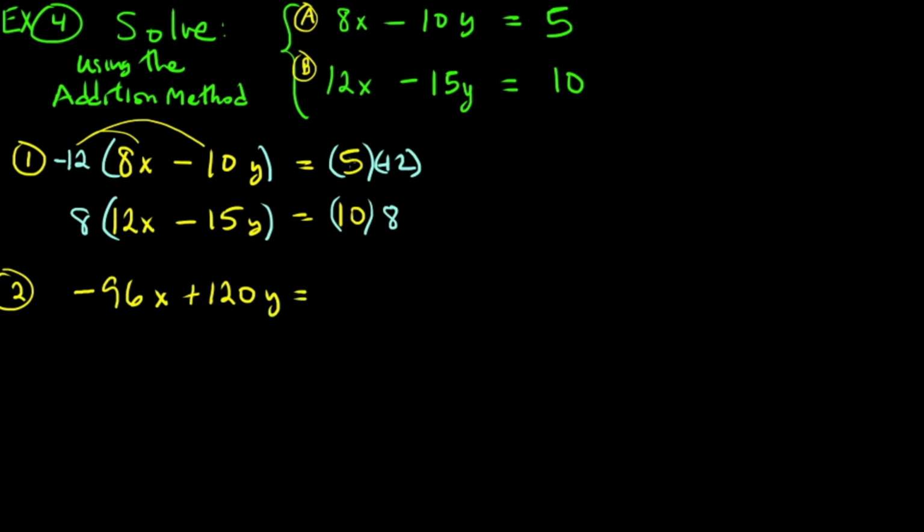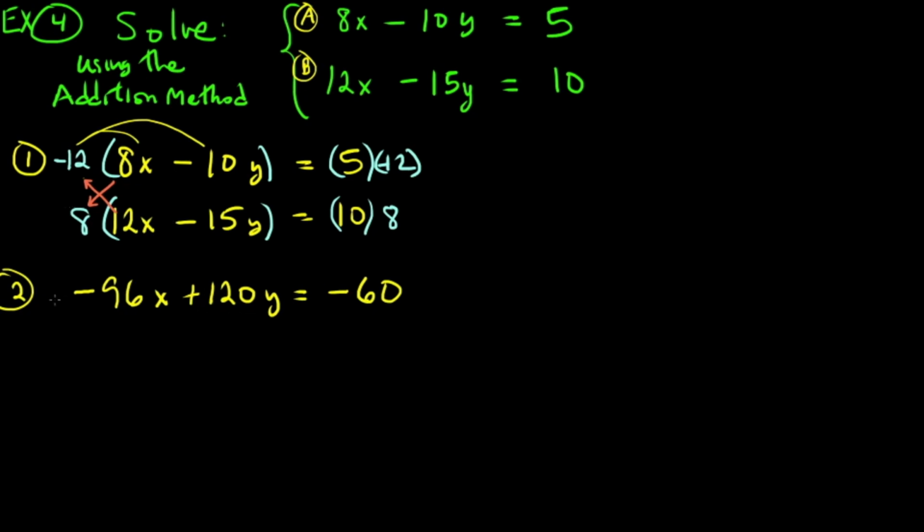And on the right side, 5 times negative 12 is negative 60. Right? So, okay, we get some pretty big numbers here. And they didn't have to be this big, but this is maybe the quickest way to go about this, right? So all I did was multiply by the number in the other equation. Okay, so that always works. It just might not be the best way to do it, right?